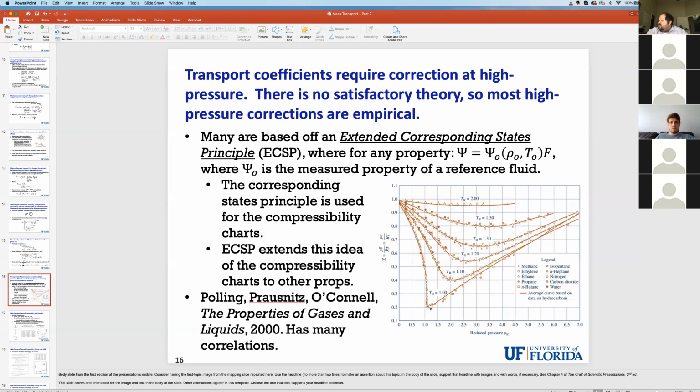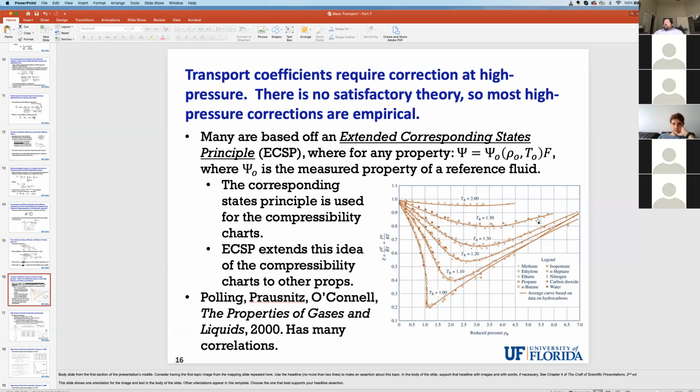If you normalize these fluids in terms of the reduced temperature and the reduced pressure, which is the pressure divided by the critical pressure, you notice that the compressibility factors for all of these different fluids, ranging from methane to ethylene to n-heptane to pentane to water, all lie roughly on the same curve.